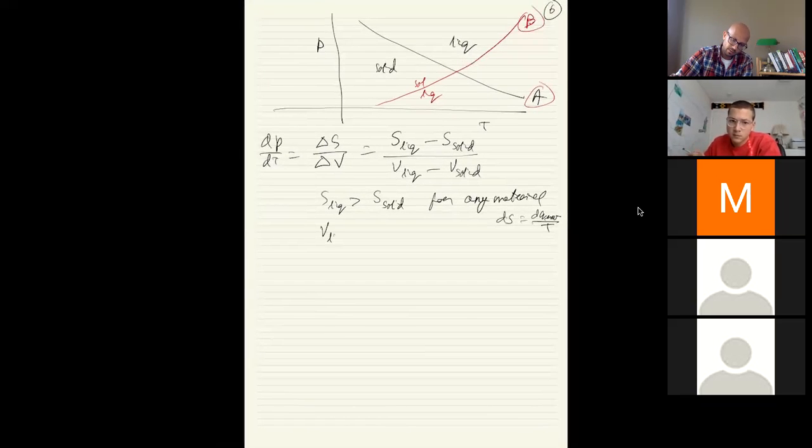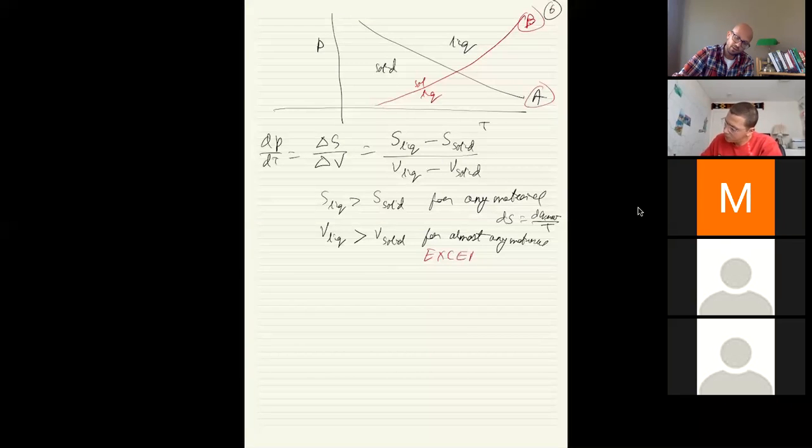However, V liquid and V solid is true for almost any material except water. That's where water is very, very funky. Ice floats on top of water.